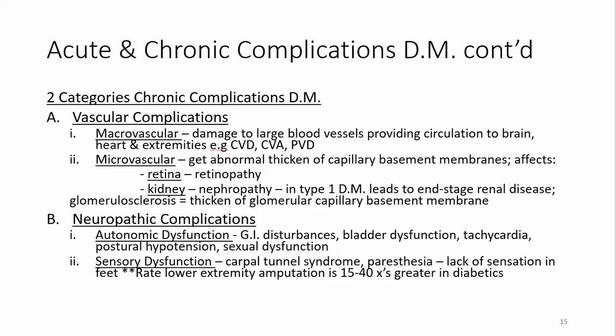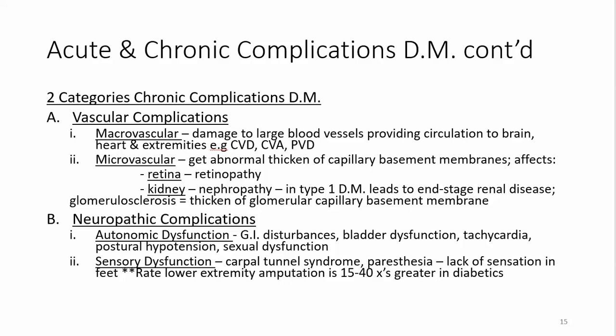Now, the chronic complications can basically be broken down into a couple of categories. There's vascular complications and there's neurological complications. So in the vascular complications, you can have the macrovascular and microvascular.